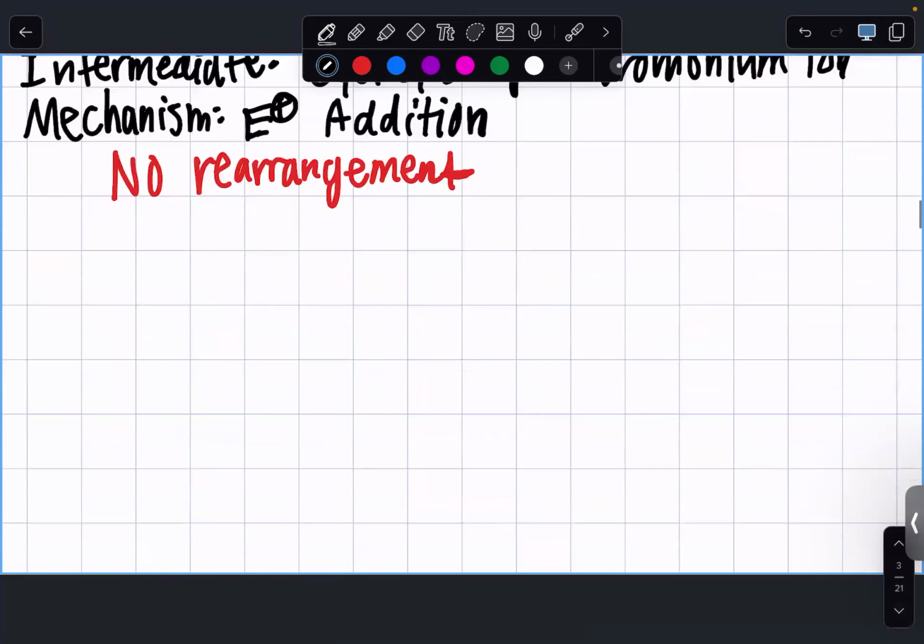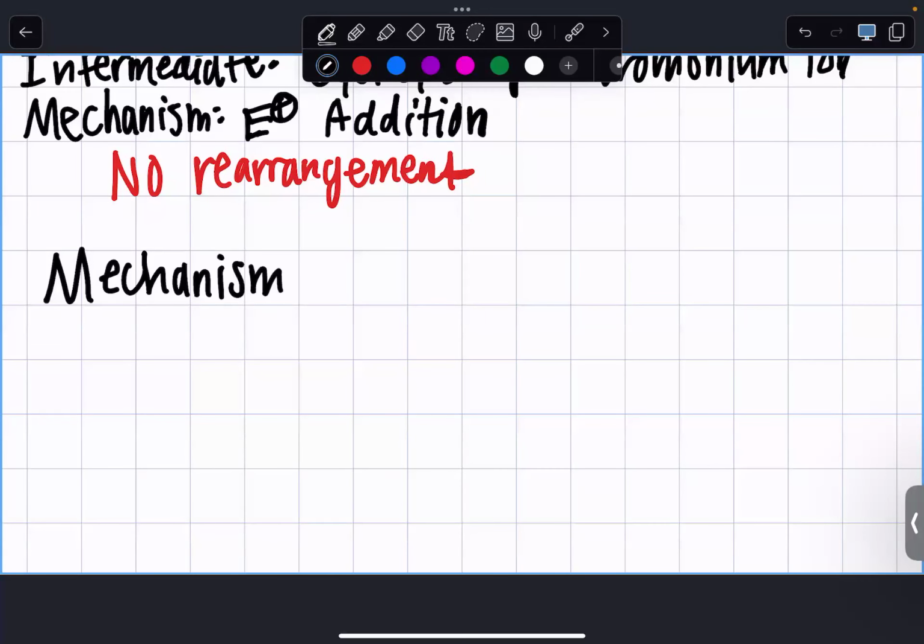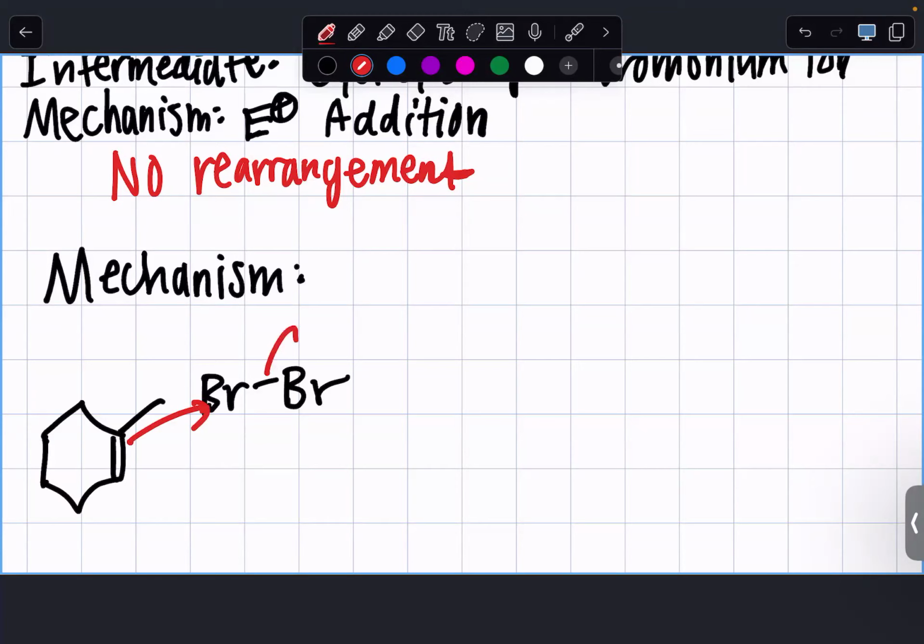So now let's go over the mechanism of this reaction. Let's say we have Br2. This alkene here is going to attack that bromine, like we did in the previous example, kicking out the other bromine as a leaving group. And then this bromine here, as it's gaining more electrons, is going to be the nucleophile that's going to attack this alkene that is losing electrons and becoming the electrophile.